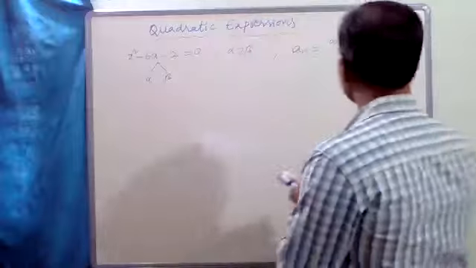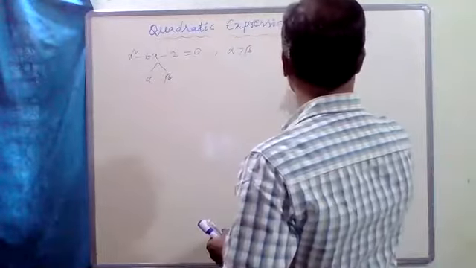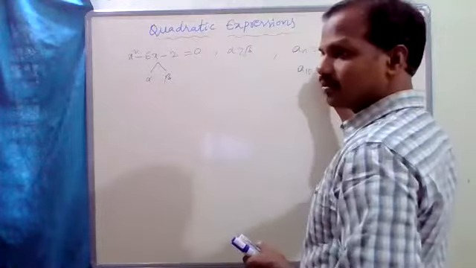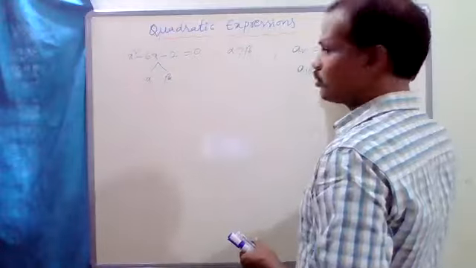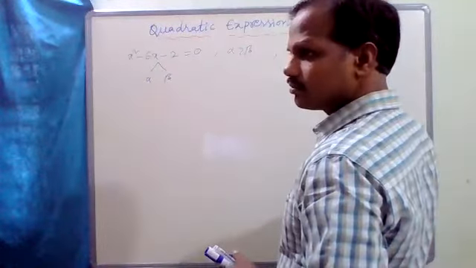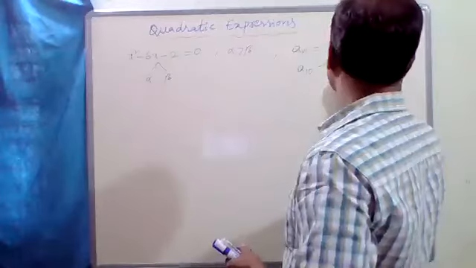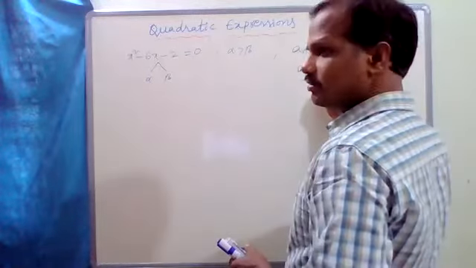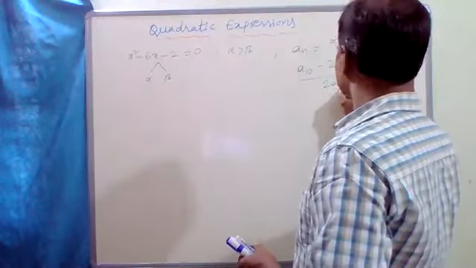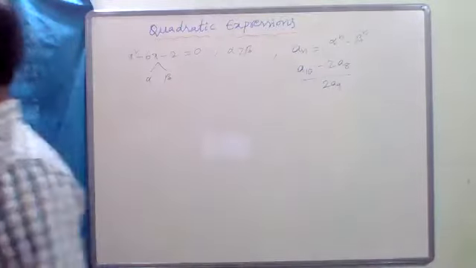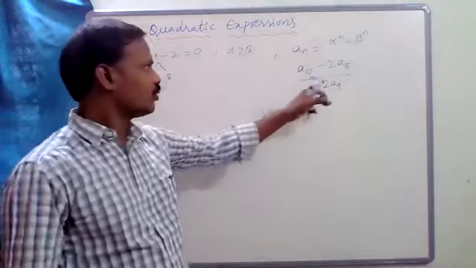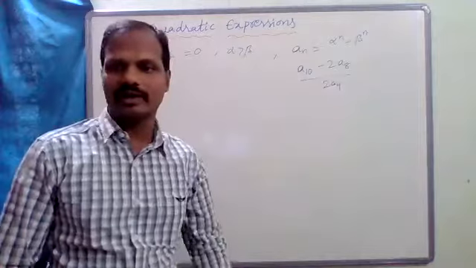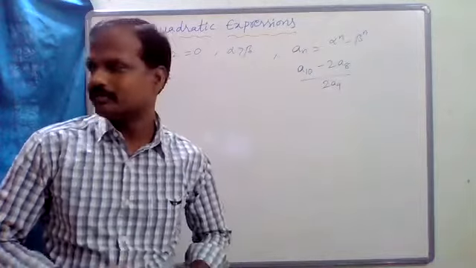Then find the value of a10 minus 2a8 by 2a9. So this is the problem.